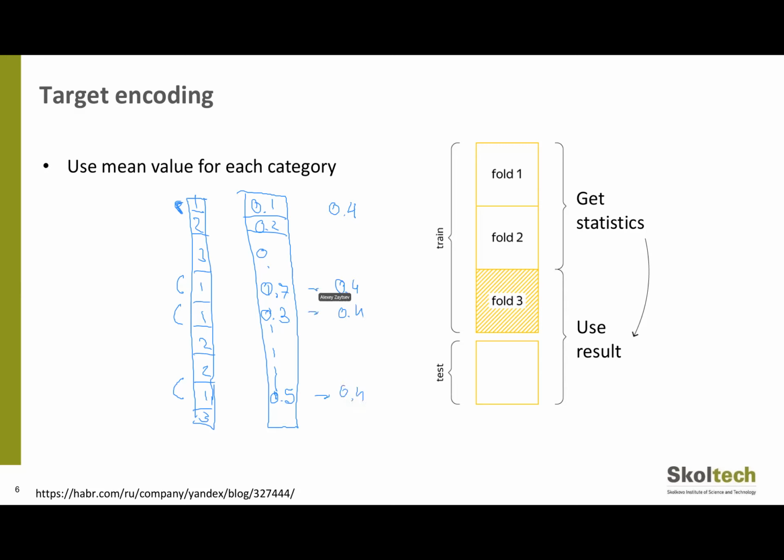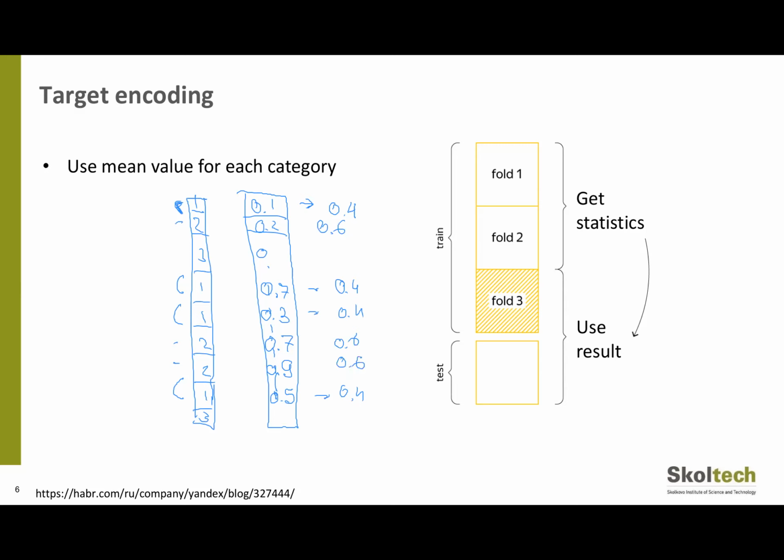This is what we are doing for the first category. For the second, we are doing the same. So we have 0.2, here we have 0.7 and 0.3, 0.9 for each variable. We sum all the values, divide by the number of objects, and get 0.6 as an encoding.